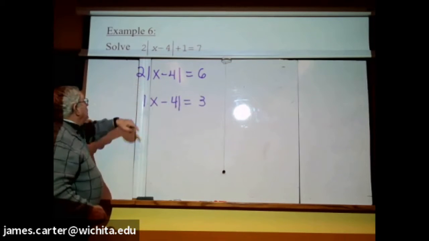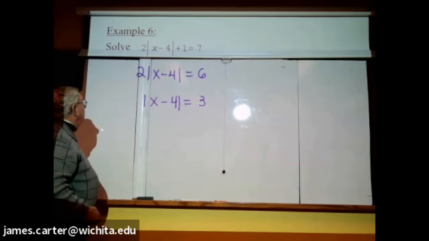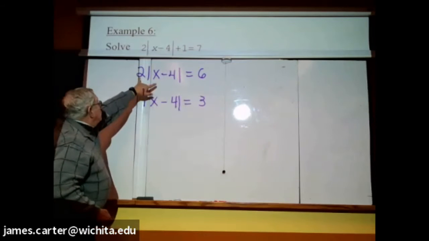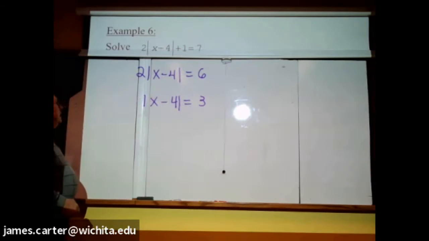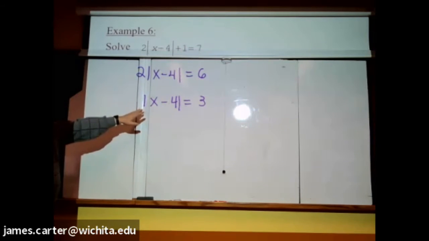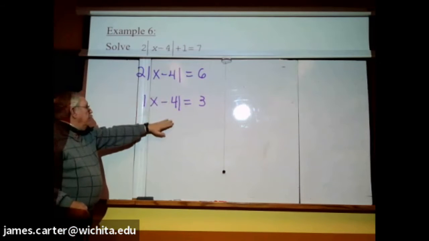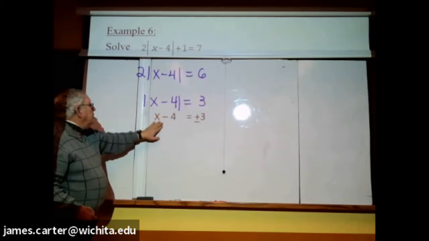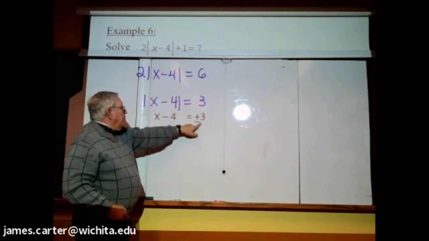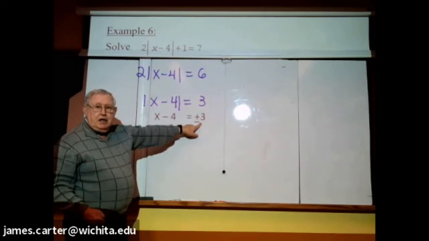Now I'm going to divide both sides by 2. Okay, the 2's here would cancel, and here I would get 3. Now I'm finally ready to take the absolute value of both sides and remove the symbols. So I remove those, and then I have to have plus or minus 3.